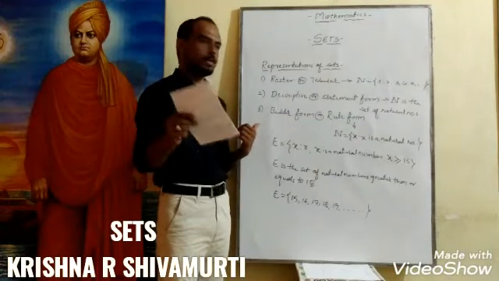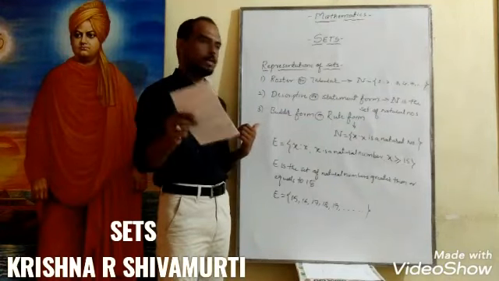See students, we have to discuss here the standard notation of set representation. If that symbol is represented, we can confirm it is a set of this kind only. Let's write the list of standard notations.